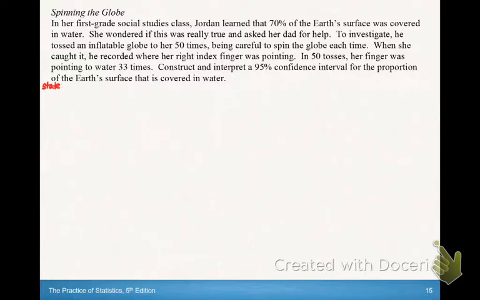So to state what we're trying to find, they're asking us to estimate the true proportion P of the Earth's surface covered in water.